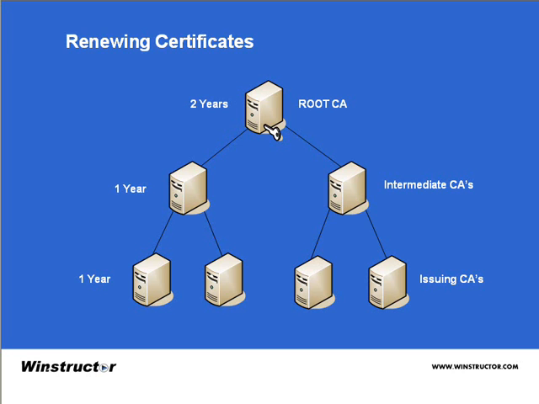One of the things you'll need to take into consideration when renewing certificates is that any child CAs will be affected by renewing a parent certificate. So if we consider that our root CA only has 2 years before it expires, and then we renew it back to 10 years, then its child CA, the intermediate CA, will not automatically go back to 5 years like it was before. Likewise, any issuing CAs will still only be able to use or renew their certificates for a maximum of 1 year.